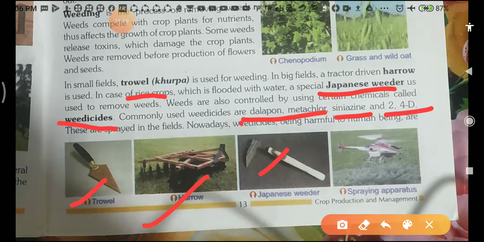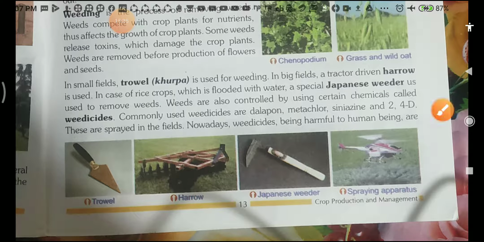Four examples are given. If you spray these weedicides in your garden or field, they kill only the weeds. They will not harm your main crops. These are sprayed in the main field.